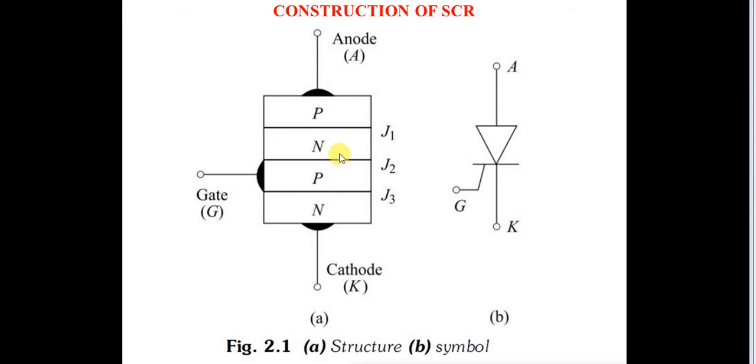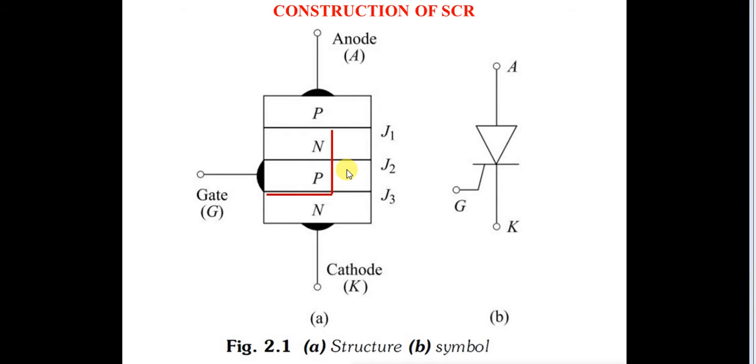I will first divide this between the sandwich layers, N type and P type, into two parts, and again divide it into two parts. So here it is a PNP transistor, and on this side, this is an NPN transistor. So two transistors, a PNP transistor and an NPN transistor.